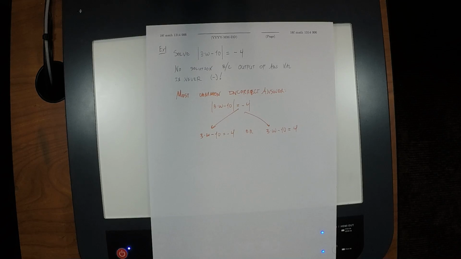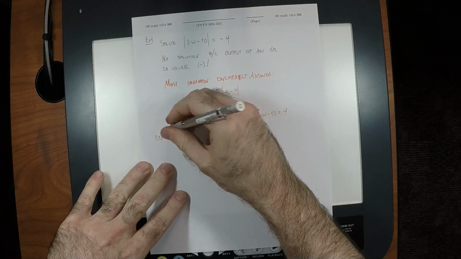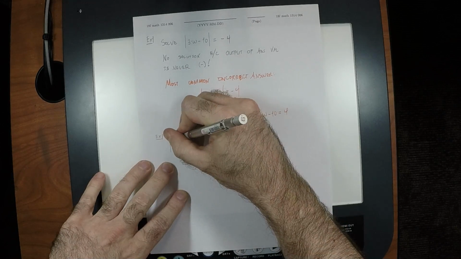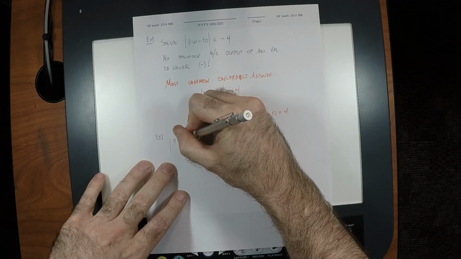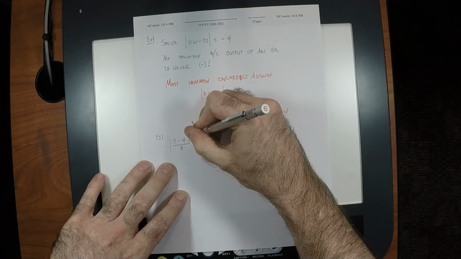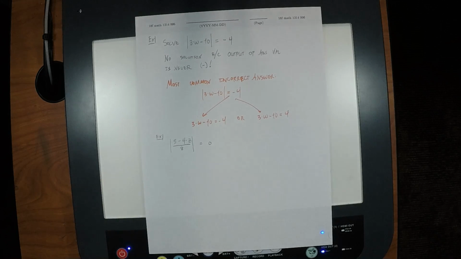All right. Another one? How about absolute value of 5 minus 4z, divided by 8, equals 0. Please solve.